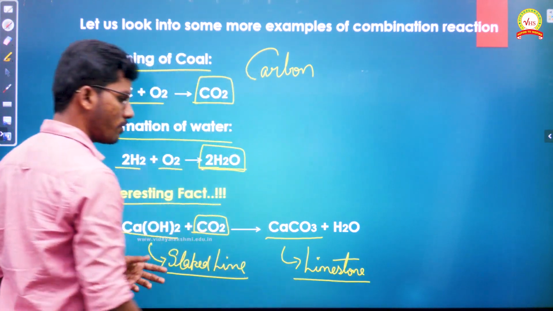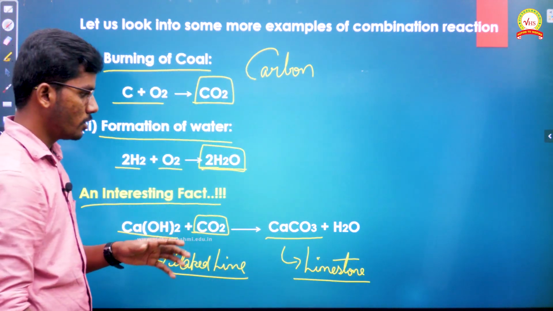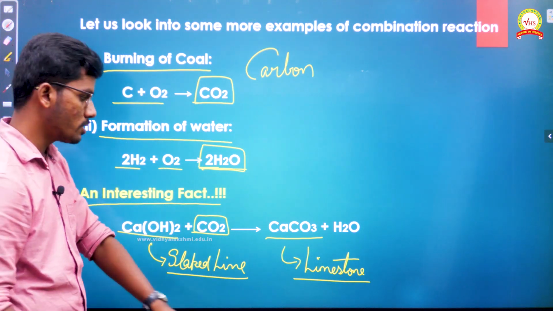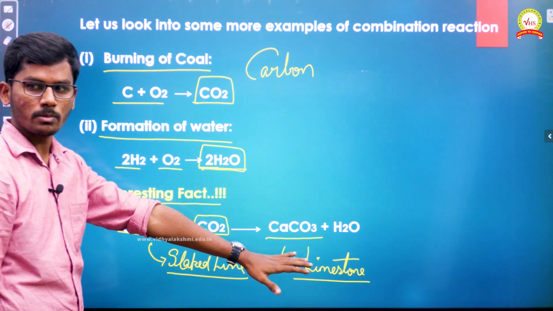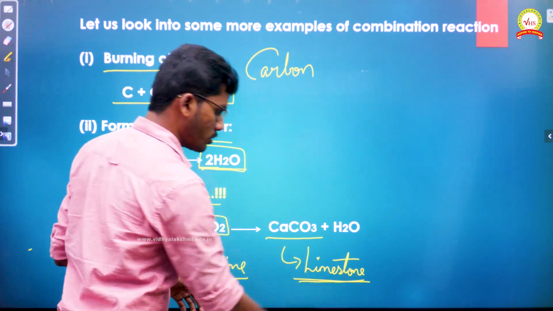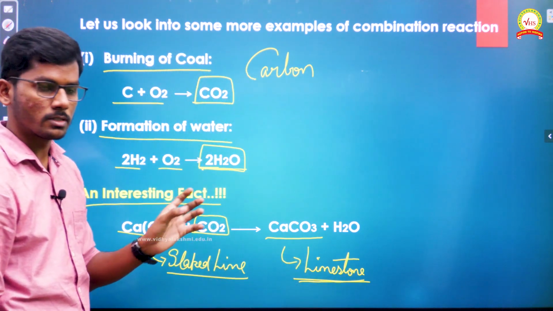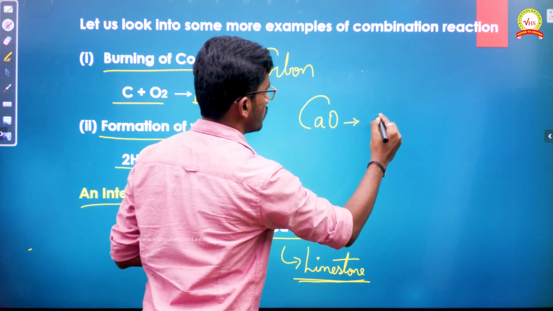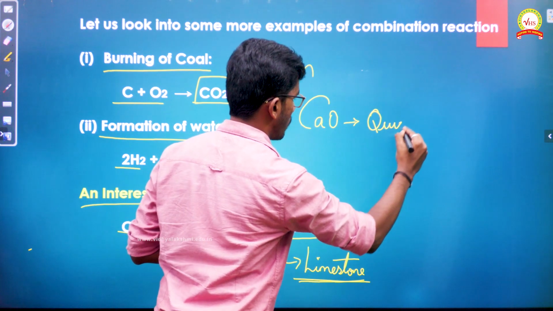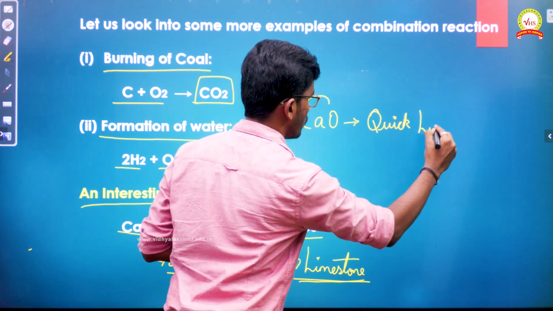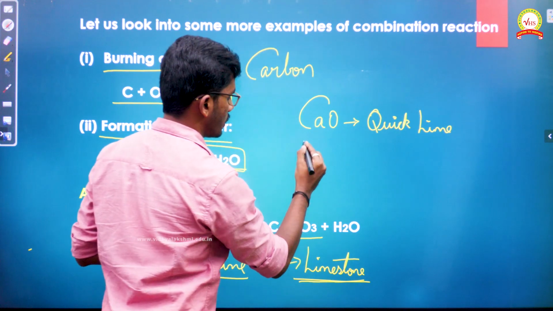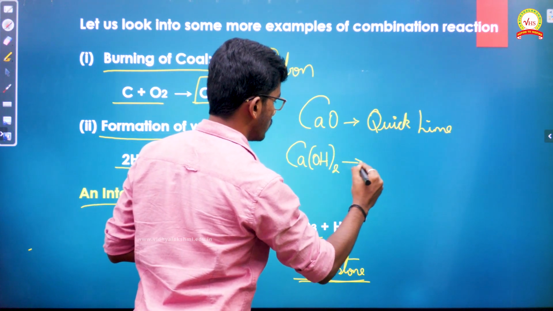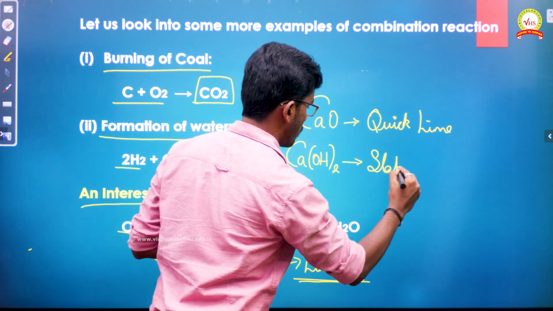Okay, you would have observed after whitewashing, after 2 to 3 days, you could see a bright white on the walls, and that is due to the formation of this compound called calcium carbonate, which is also called limestone. So don't get confused between these terms. CaO, calcium oxide, is called quicklime. Okay, and then calcium hydroxide, in an aqueous state, we call it slaked lime.